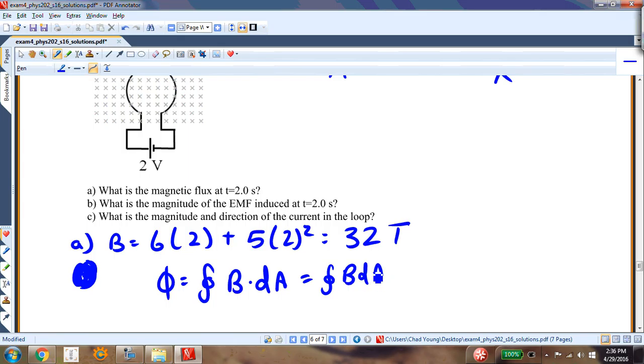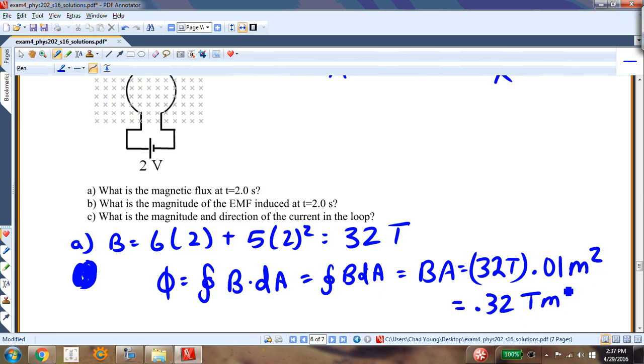The dot product goes away because they're in the same direction, those two vectors. And also B is not dependent upon A, so this just becomes B times A. So that's 32 Tesla times 0.01 meters squared. So that's 0.32 Tesla meter squared.